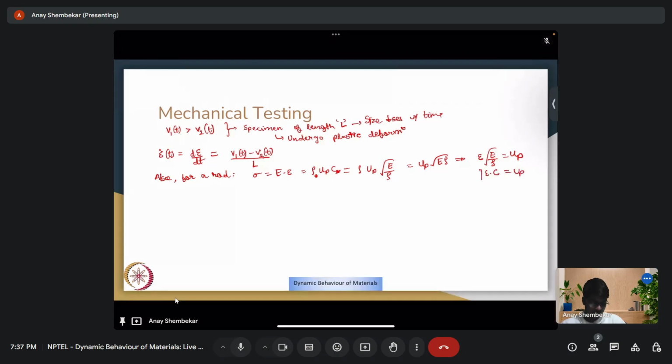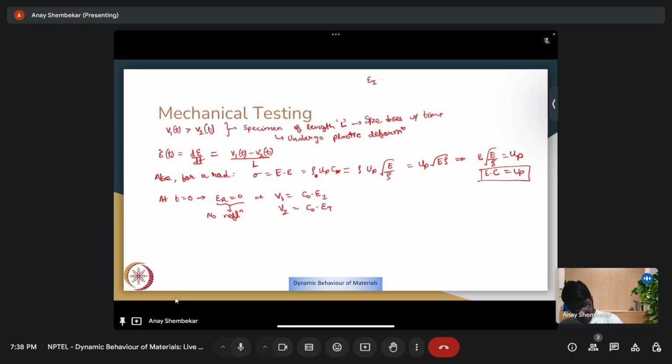So this is strain times speed of sound in that medium, which gives us the current particle velocity. At t equal to 0, we have no reflection, which means V1 is equal to C naught epsilon I, and V2 is equal to C naught epsilon T.